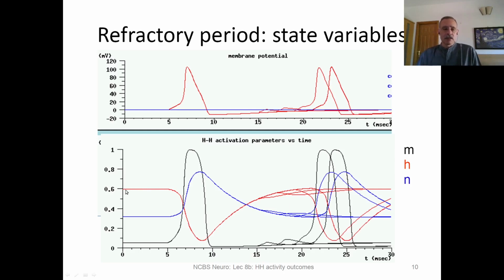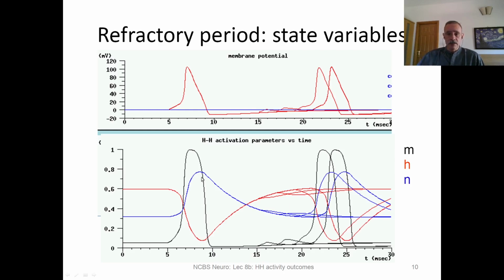About 60% of this channel is ready to open should the M gate magically go to 1, which it very nearly does. M gate goes to 1, the H gate starts to close, and by the time we're over about here, something like 15 or 20% only of the channel is now available to open. The rest has become inactivated.